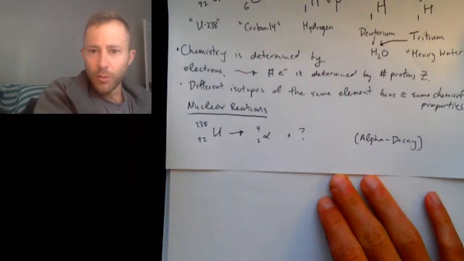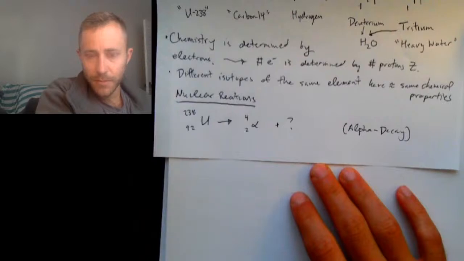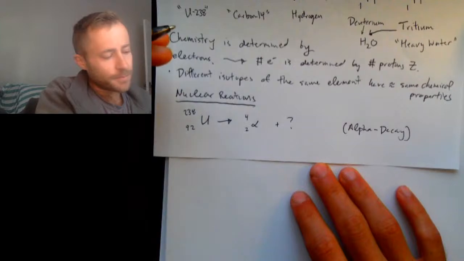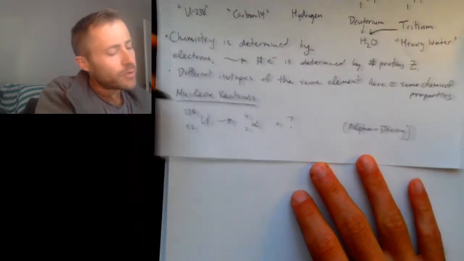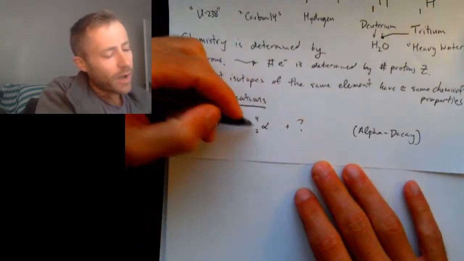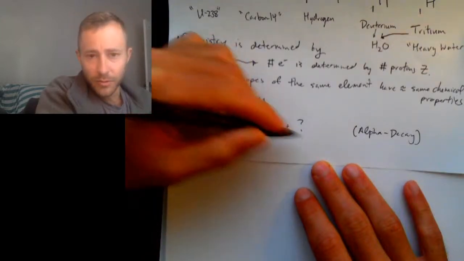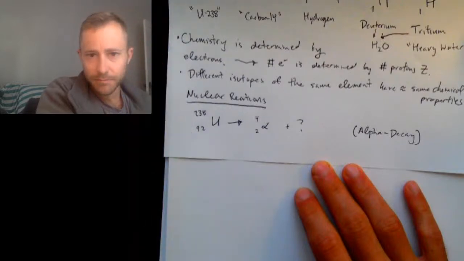And so the way it works is that charge, electric charge, has to be conserved. All right. And furthermore, mass number has to be conserved. All right. So if you undergo alpha decay, basically the bottom numbers on the right-hand side have to equal the bottom numbers on the left-hand side.